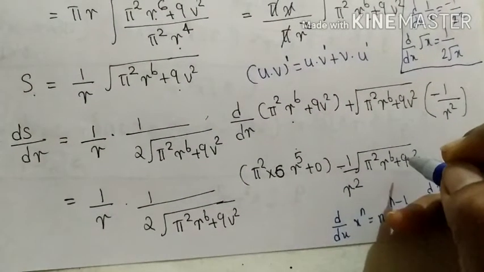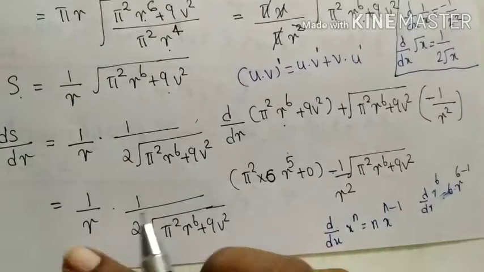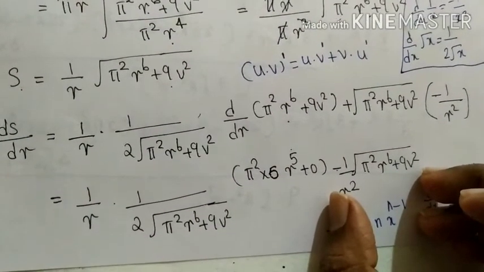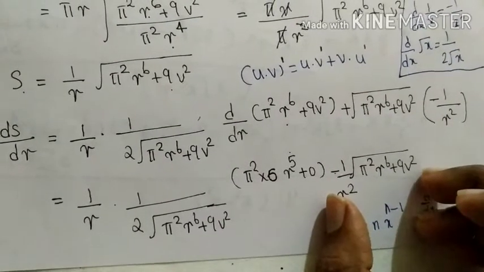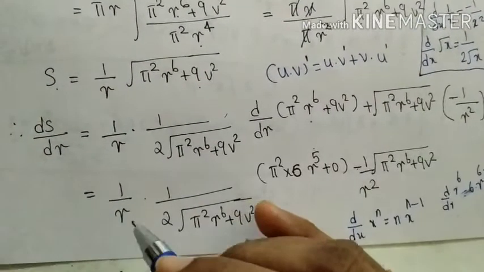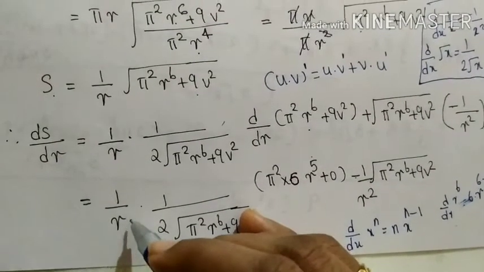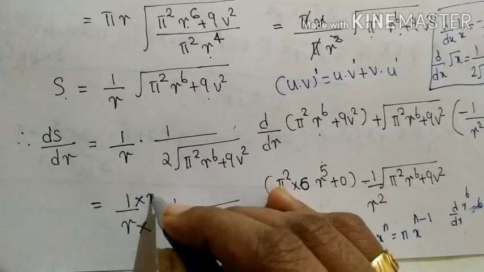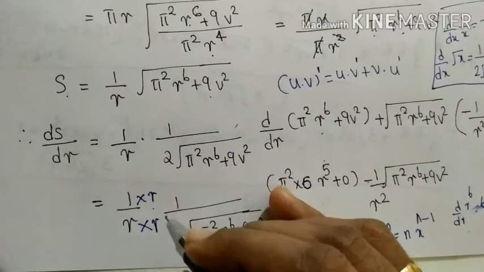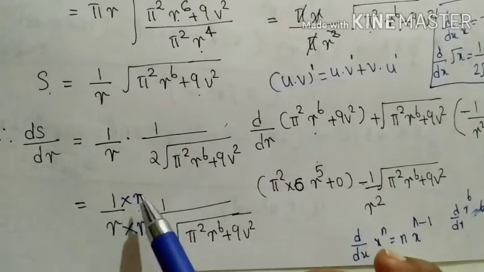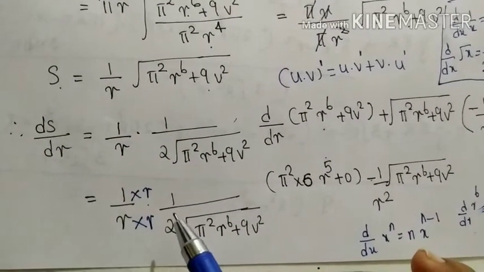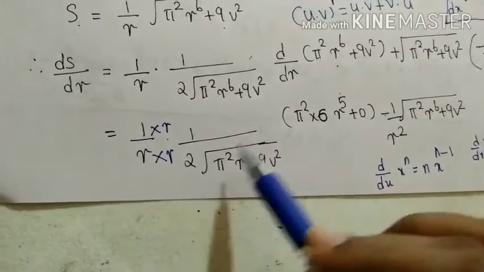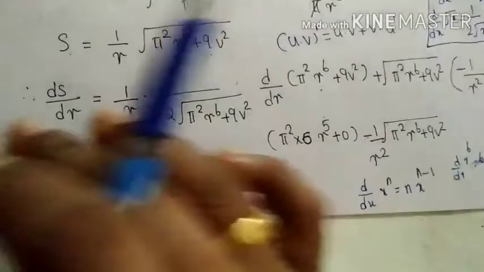Okay, next I am going to, here R square is present in the second term of denominator of this function, and here R is present, so here we need to multiply numerator and denominator by R. So here R divided by R square, we get R divided by R square term here, and also 1 by R square is also present here.